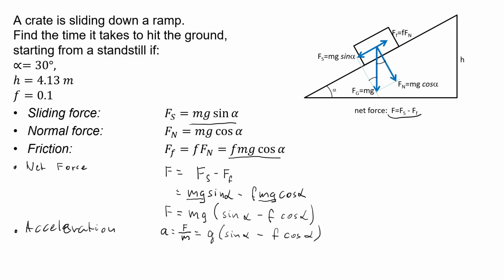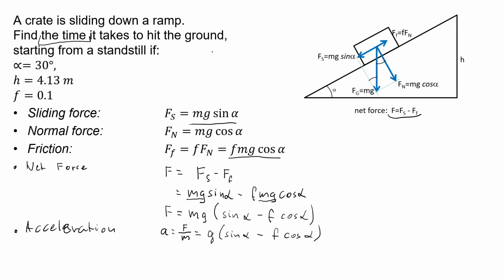Now we'll start to do something specific about this particular exercise. The question here is about the time. Find the time. We have a movement of an object. We know that it is sliding down a ramp.